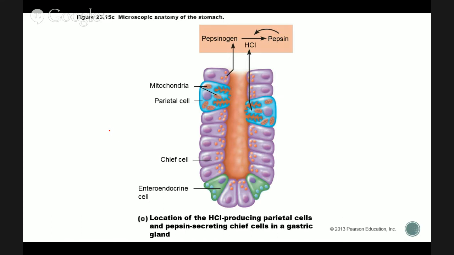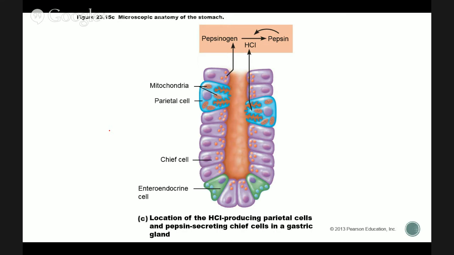So the way that this works is you have the chief cell, which you see in purple, and the parietal cell, which you see as blue. Now the chief cell secretes what's called pepsinogen, which is an inactive digestive secretion. But then we have the parietal cell, which secretes the hydrochloric acid.